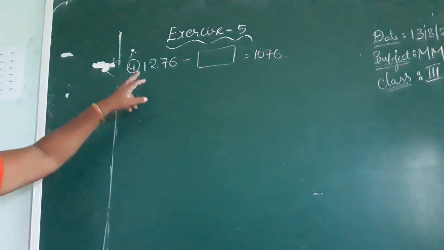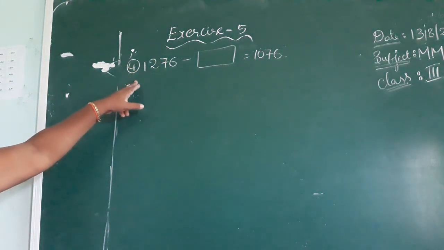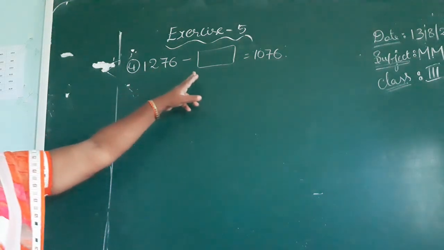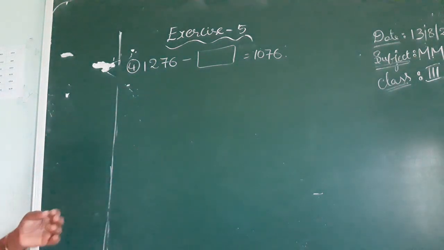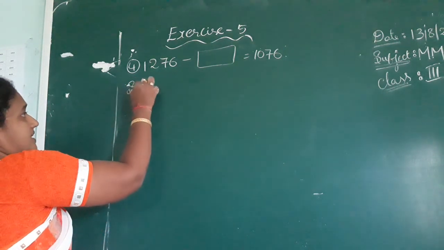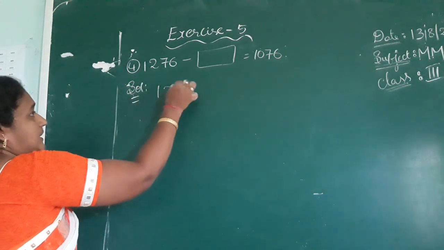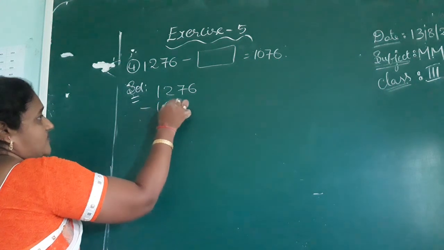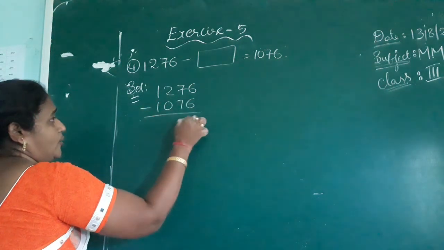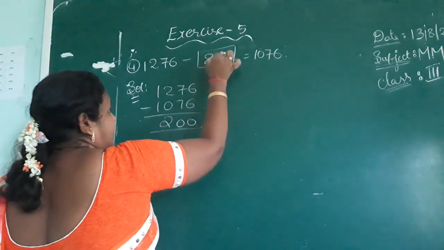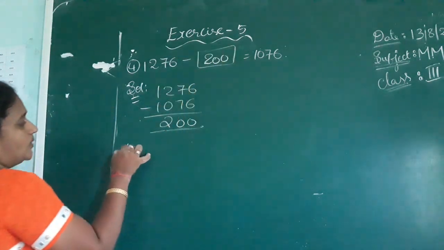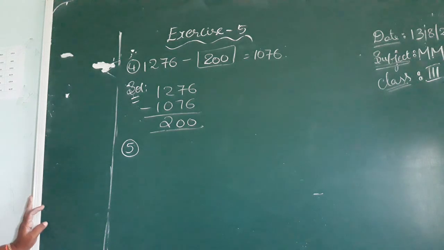Here they did 1276 minus some number and got 1076. So 1276 minus 1076. 0, 0, 2 minus 0. So what is the difference between those two? 200. Next, complete the series.